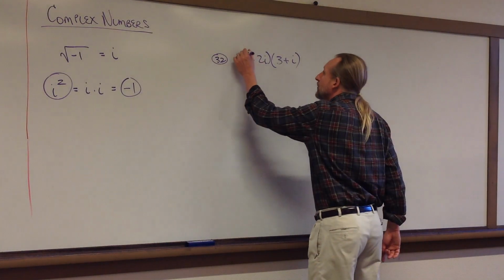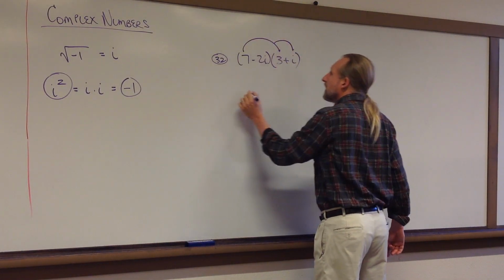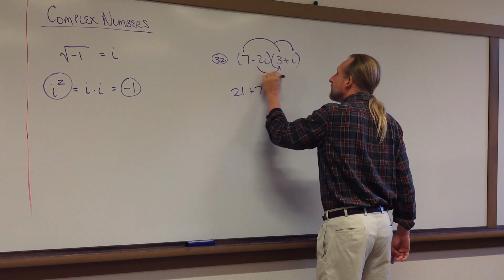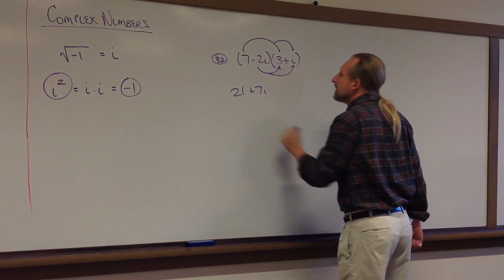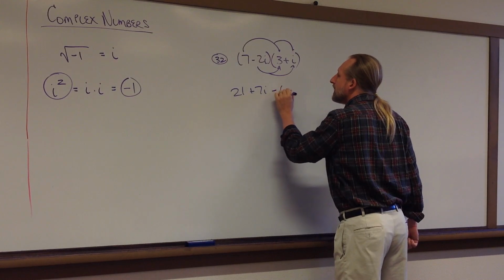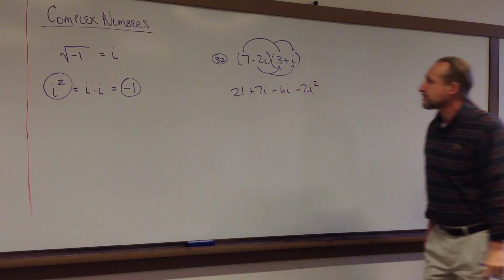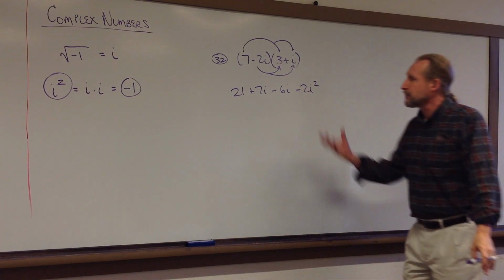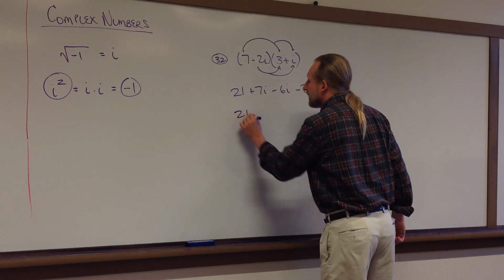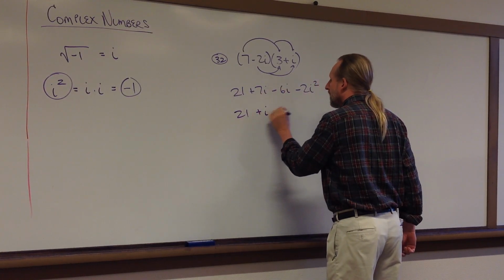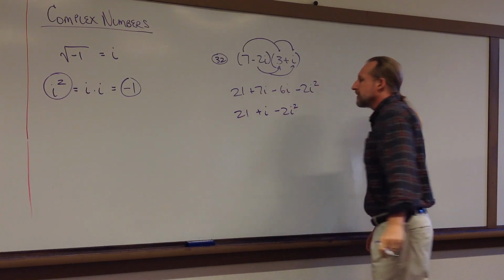We have to distribute the 7 there and there, 21 plus 7i, and then we have to distribute the minus 2i there and there. That'll be negative 6i minus 2i squared. And just like we do in algebra, we're going to combine our like terms, plus 7i minus 6i is plus 1i minus 2i squared.